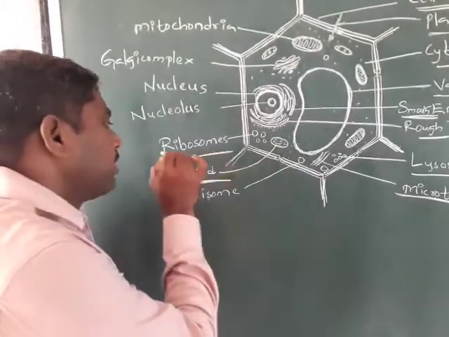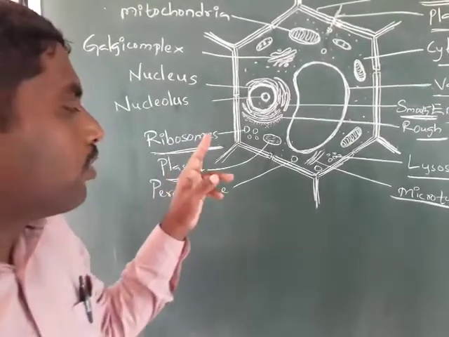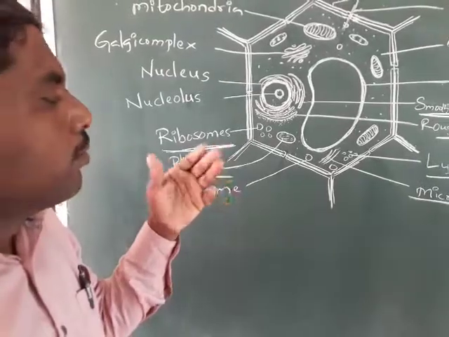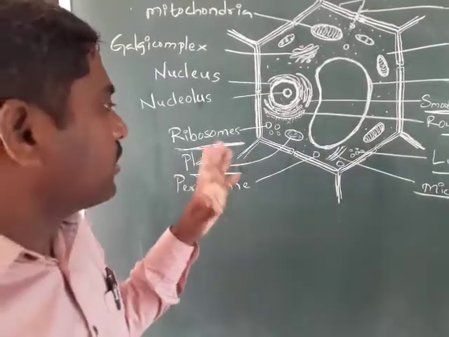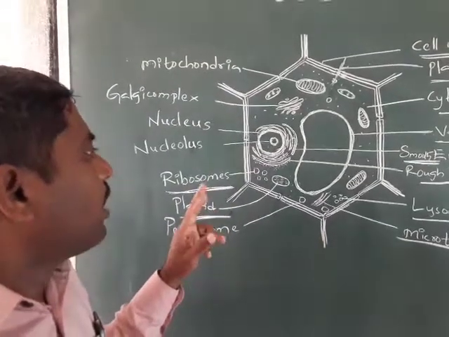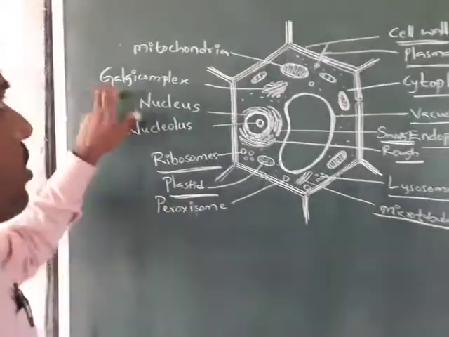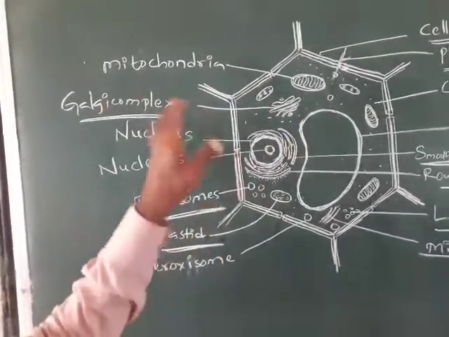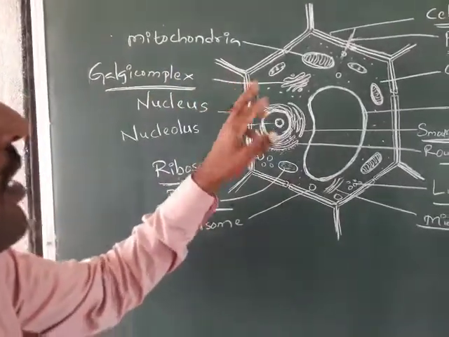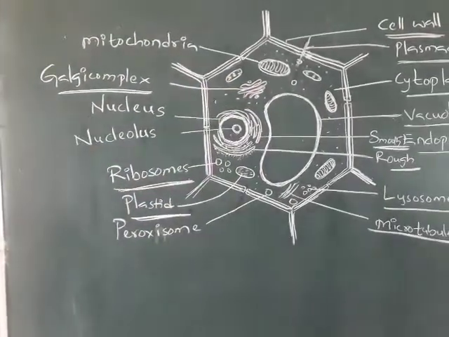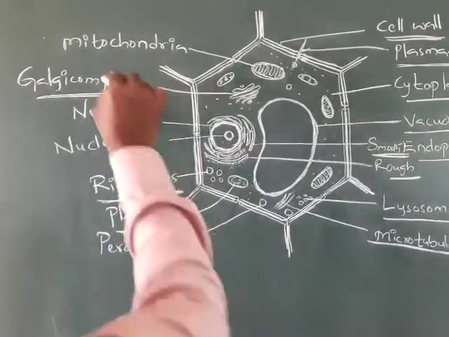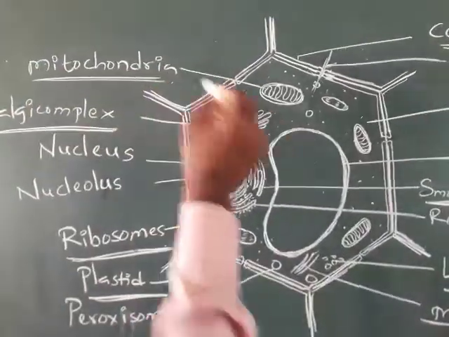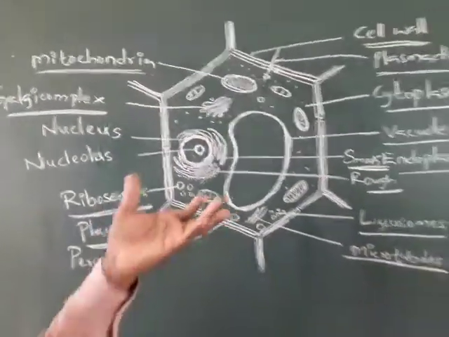Ribosomes are non-membrane-bound organelles present in both prokaryotic and eukaryotic cells. The next thing is the Golgi complex. The Golgi complex and mitochondria are also membrane-bound organelles present in the eukaryotic cell.